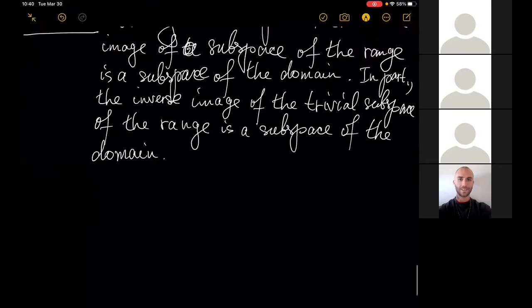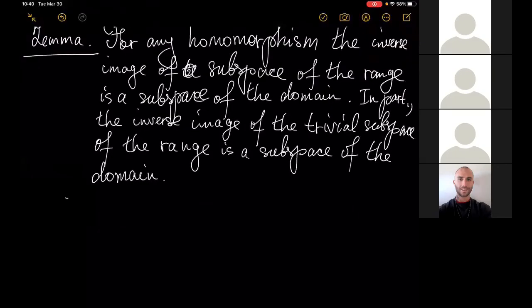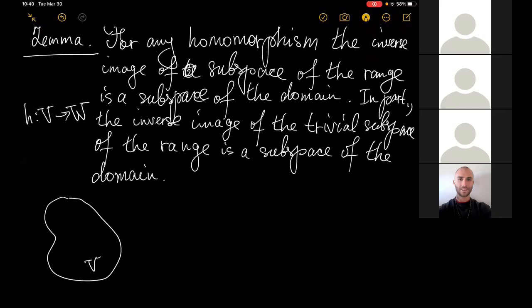Okay, first let me explain what it means. Let us suppose that we have a homomorphism from vector space V to vector space W. For example, from the vector space of twice continuously differentiable functions to the vector space of continuous functions on the interval.